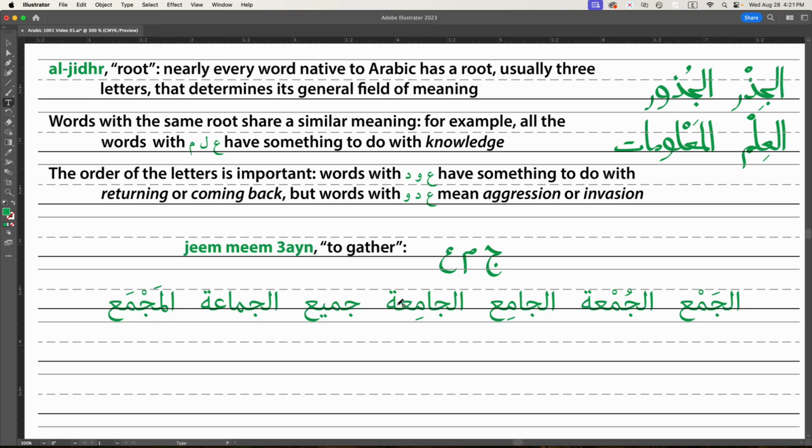And the reason it's called this is not only because it gathers people together for knowledge, but really because universities grew out of mosques. So Al-Azhar in Cairo, or the Qarawiyyin in Fez in Morocco, for example, these were great big mosques where first religious and then secular scholars also started to gather and do teaching around the pillars of the mosque and so forth.